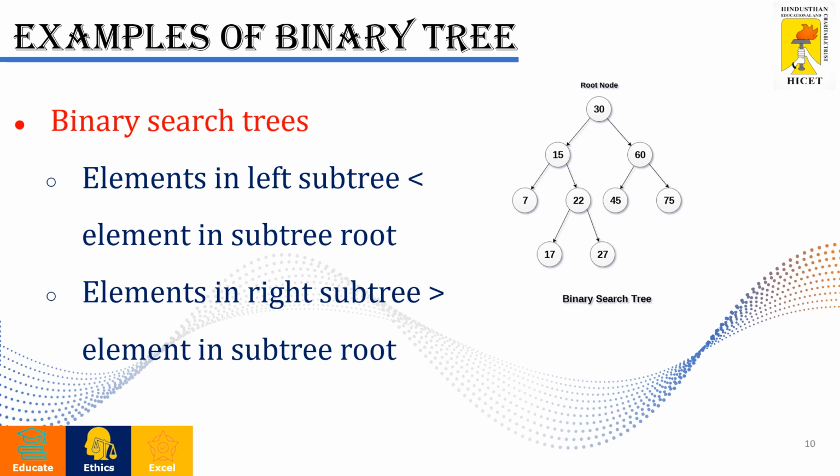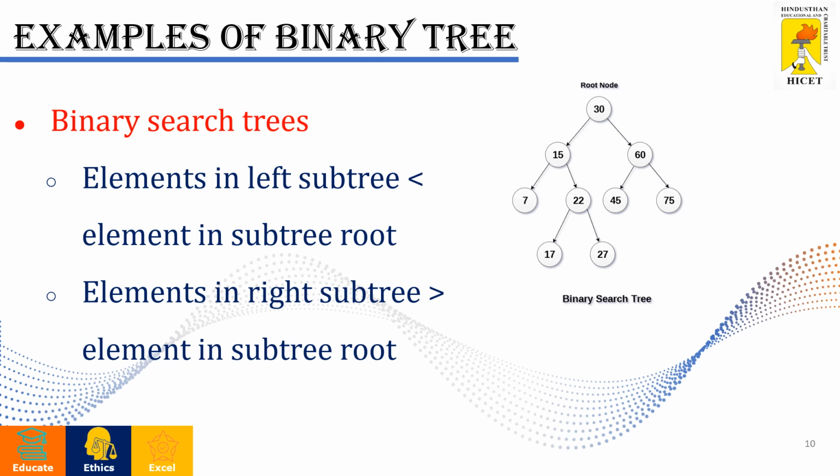Here you have the root node represented with the value 30. All the nodes on the left side of the root node will have a value lesser than 30, and all the nodes to the right of the root node will have a higher value than 30. The subnodes of the root node are 15 and 60. The left side is lesser than the root node and the right side is 60. Now 15 is the parent of 7 and 22.